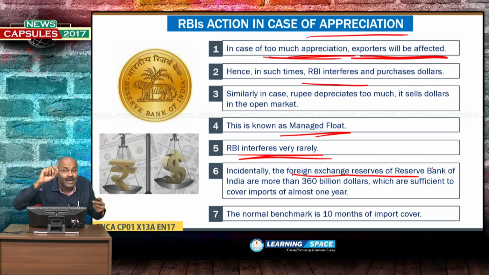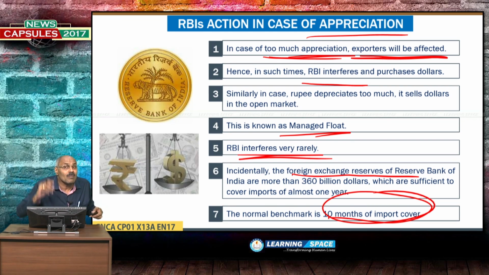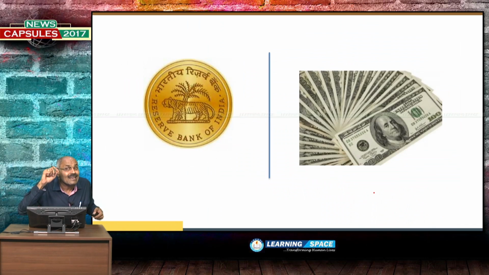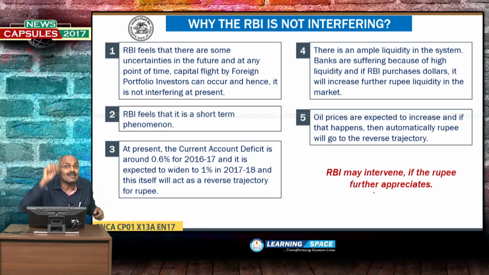At present, we have more than $360 billion, and the normal benchmark is that 10 months of import cover must be available as foreign exchange reserves. So there is no problem on the foreign exchange reserves front also. The RBI interferes only in rare cases. It purchases or sells dollars depending on the circumstances.